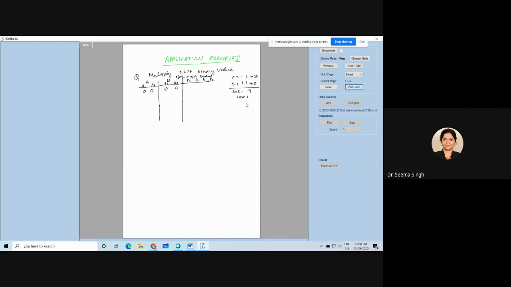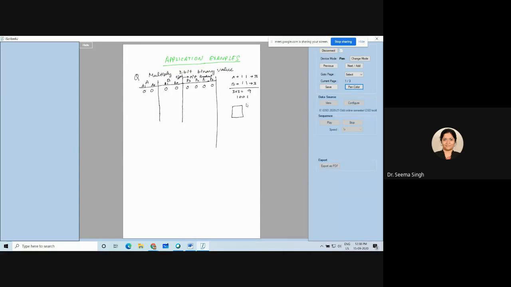So when you have input as 0 0 and 0 0, the product of 0 into 0 will be 0 and output will be 0, right? Now you all know how to make a truth table. What I want you to understand before making the truth table is that you should make a block diagram.